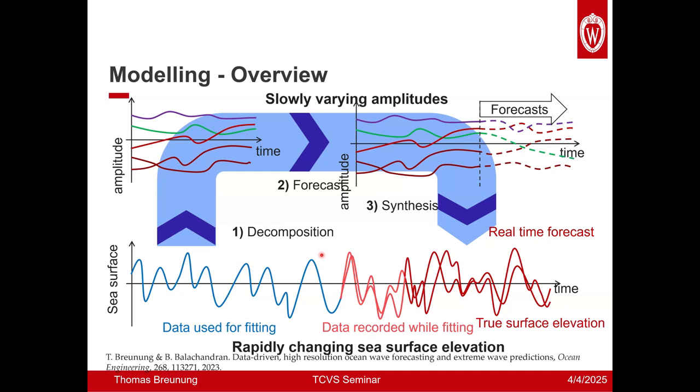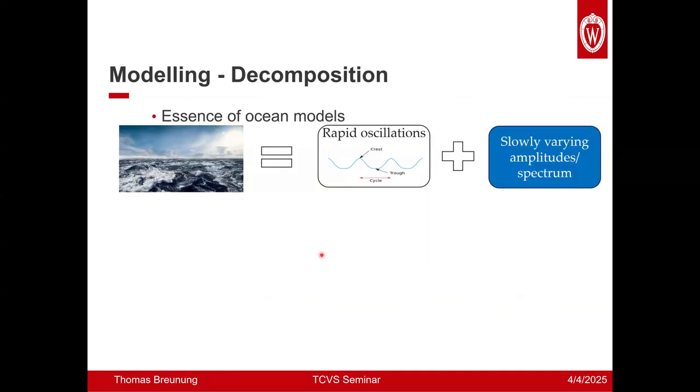After we failed with this straightforward, direct application of neural networks, we looked back into what is done in oceanography for modeling oceans. In the common models, the ocean is decomposed into a set of rapid oscillations with slowly varying amplitudes, or spectrum, depending on who you ask.